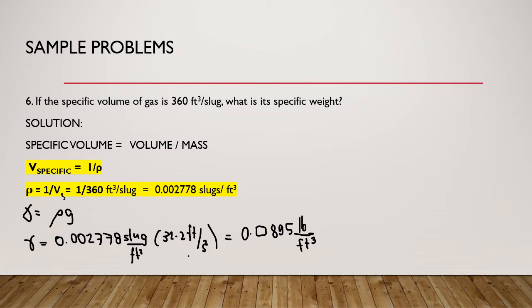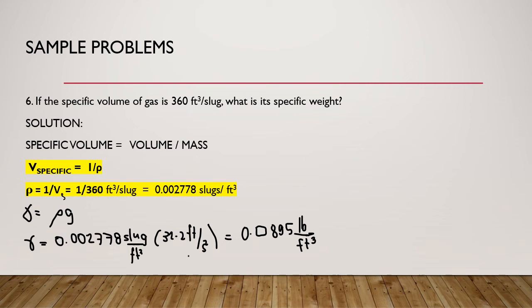Therefore, what we will have is 1 over 360 cubic feet per slug. That is the volume. Therefore, ang mangyayari, 0.002778 slugs per cubic feet. Pag nag-slugs, ito tatakbo sa taas, kasi naka-over yan.